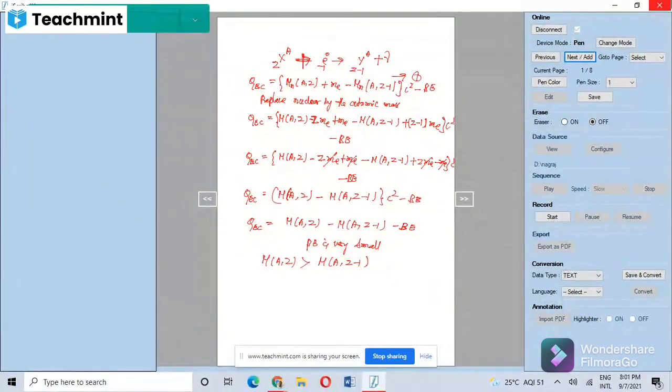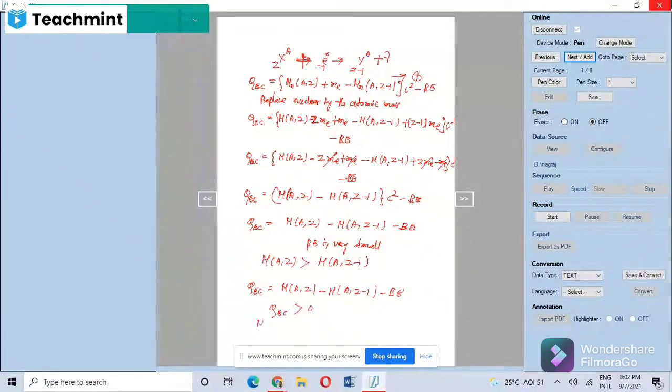So electron capture decay can occur in one and the same nucleus provided both the conditions hold. Under the electron capture condition, QEC is equal to M of A comma Z minus M of A comma Z minus 1 minus B, and this condition is greater than 0.